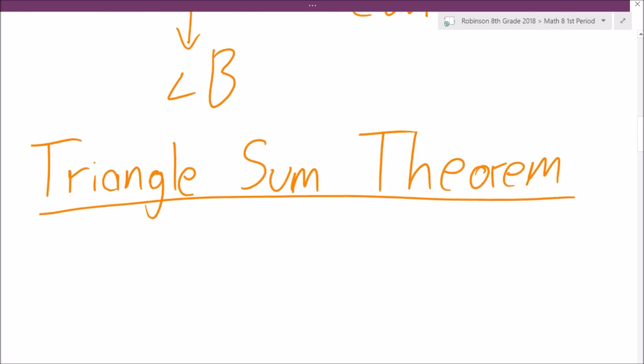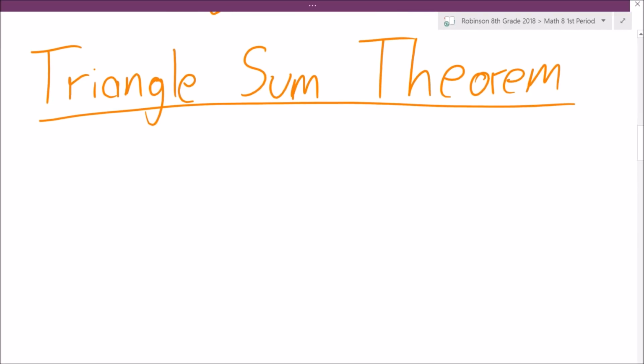The triangle sum theorem. As a reminder, very quickly, if I'm going too fast at any point, remember this is a video and you can just pause it and take down the notes and then keep it going. So the triangle sum theorem, here's what it says.